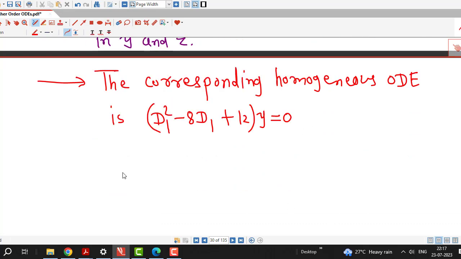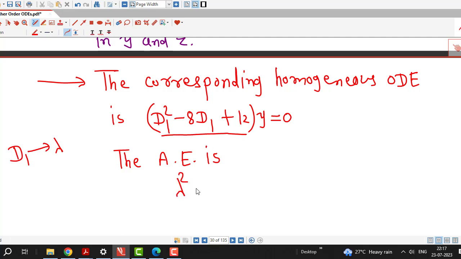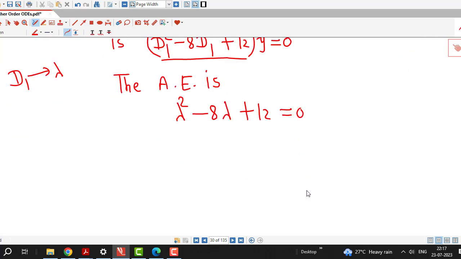To solve this homogeneous equation, first we have to write down the auxiliary equation, which we write by replacing D1 by lambda in this function of D1. The auxiliary equation will be lambda square minus 8 lambda plus 12 equal to 0. And let's try to find the solution of this auxiliary equation.